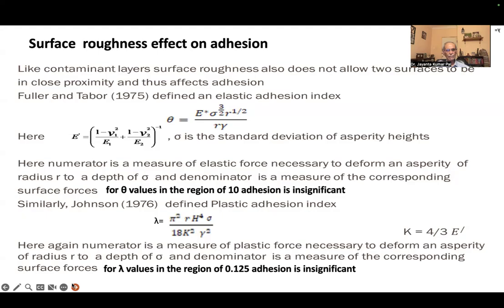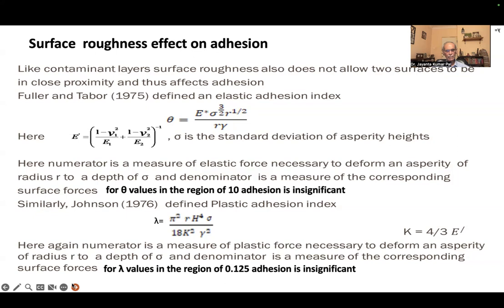So the theta value is in the region of 10. If the theta value is in the region of 10, then adhesion is very small. Obviously, that is very clear, because if theta is large, then gamma in the denominator has to be small.